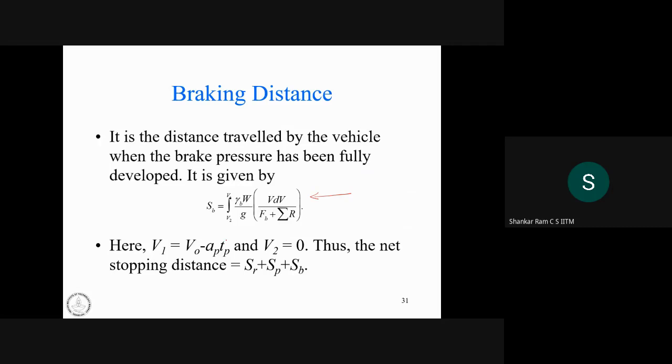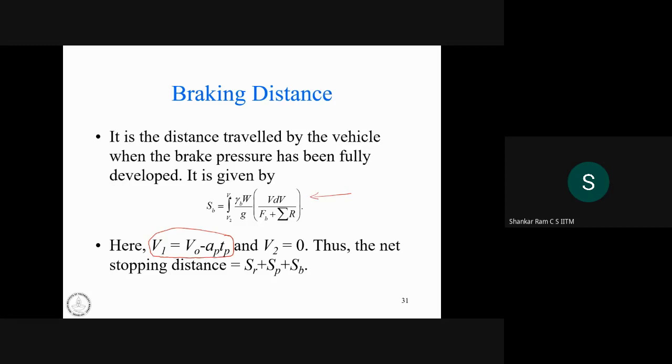And of course, we need to be careful when we are integrating this formula. The initial speed at the start of the braking phase will be lower, because during the pressure build-up phase the speed of the vehicle would have already fallen a little bit. So we need to incorporate that before we calculate.